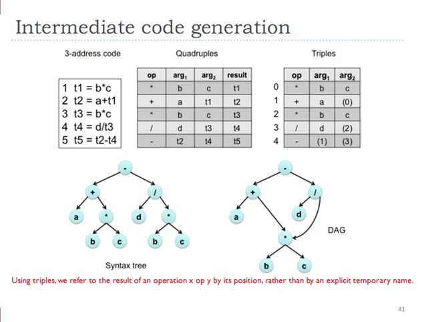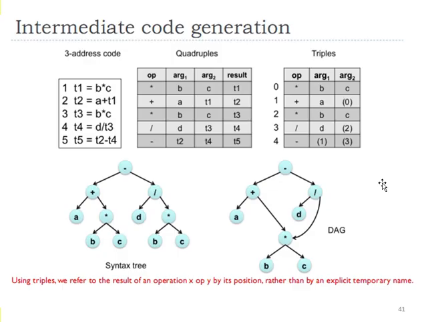So for the statement like a plus b times c minus d over b times c, if we have such an expression in a given source program, this line of code can be represented in one of those intermediate code representation forms.